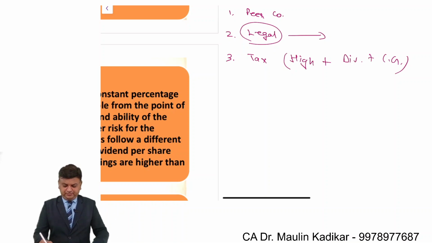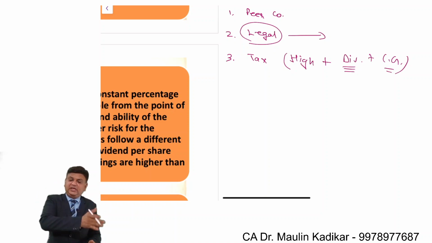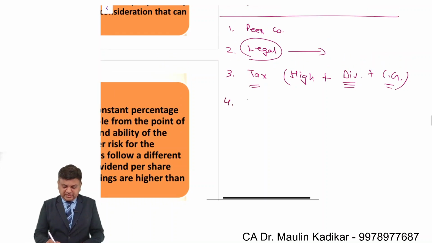Why? Because it would be taxable in the hands of the investor. If you retain and the capital is appreciating, then effectively the investor would be getting a higher return. That is what we understand. What kind of inflation is there in the market and such other things are there, which we understand.